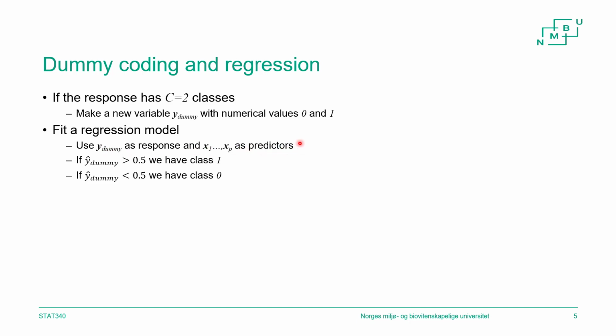And then you are back to a straightforward regression situation, where you use this and all the x's as predictors as before. And then you can predict: if this predicted y dummy value is larger than 1/2, you are closer to 1 than to 0, then you have class 1. And if you predict it to be less than 1/2, you are in class 0.